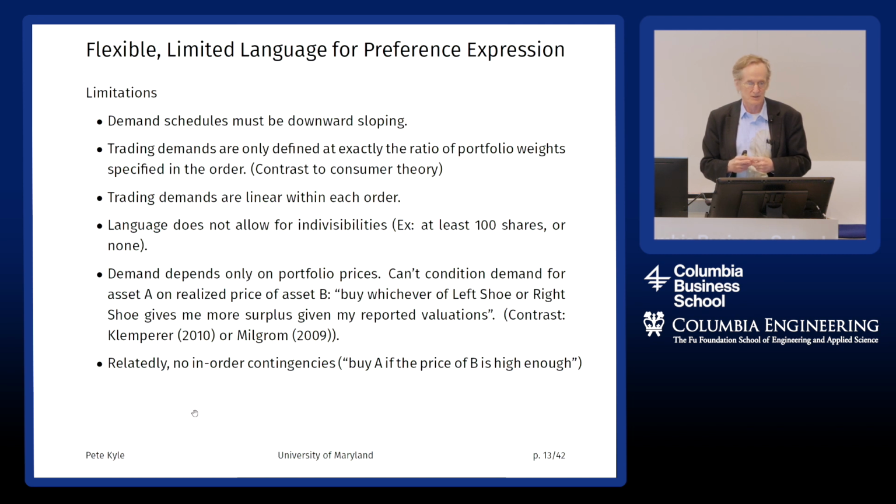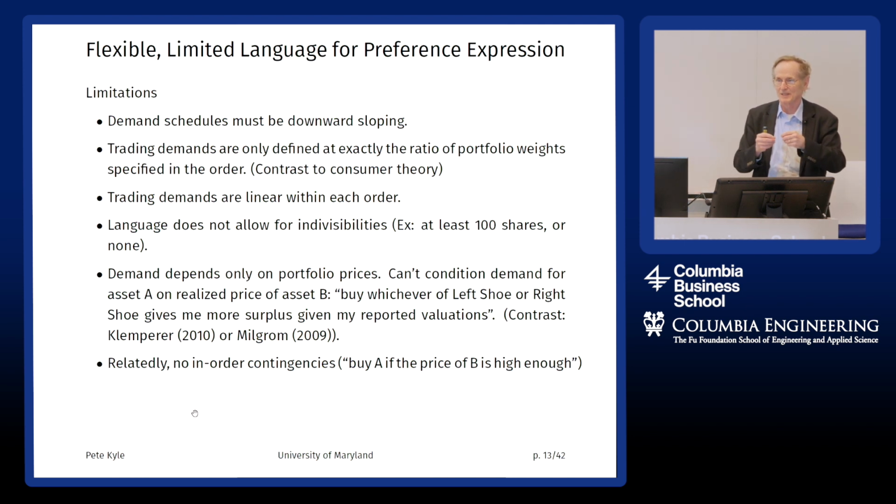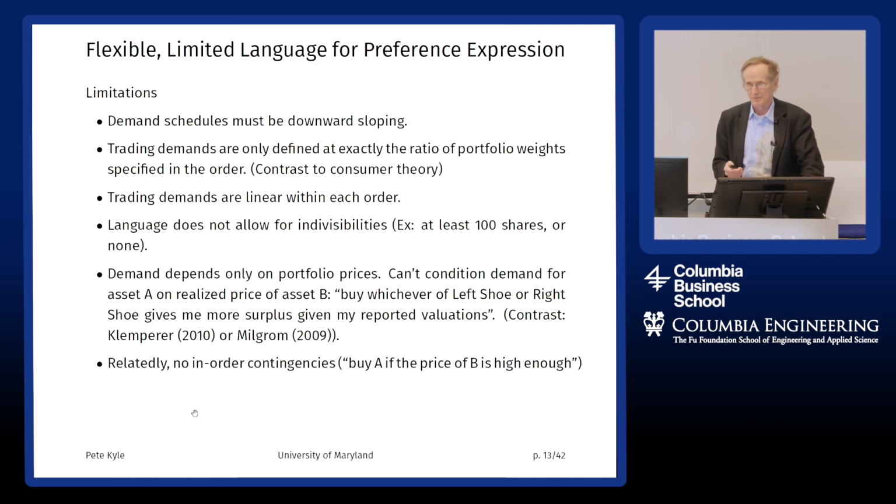We don't have indivisibilities. The demand for the portfolio depends only on the portfolio price. This is kind of consistent with the way demands for individual assets work in today's markets. You submit a limit order to buy Google. It's a function of the price of Google. It's not a function of the price of Amazon. That means that you can't have these kinds of orders that are related to other types of contingencies.